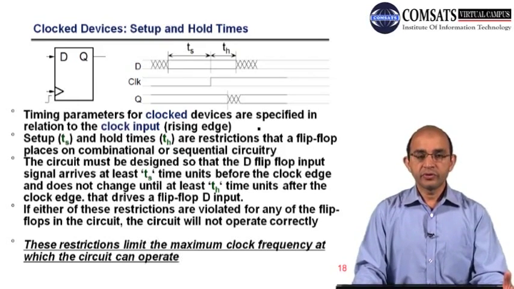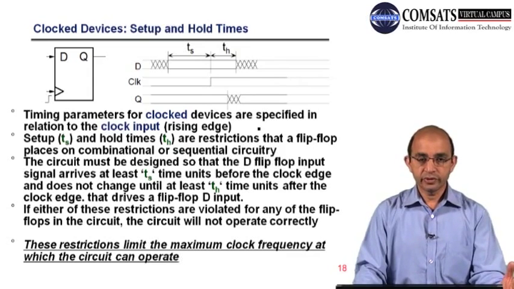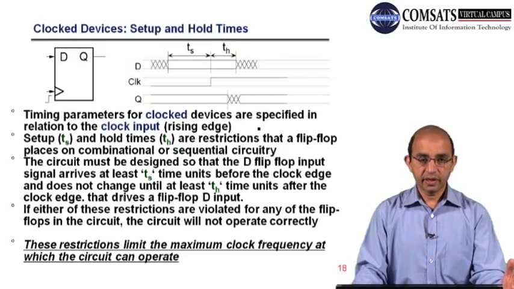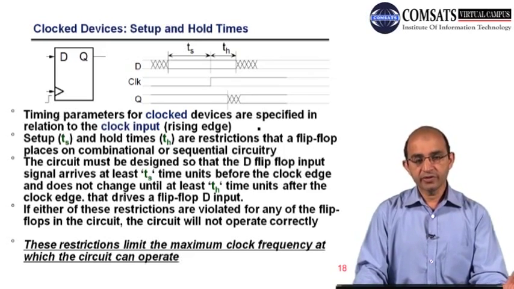Whenever you talk about clocked sequential devices, the timing parameters for those devices that constitute the sequential logic are specified while taking into account the active clock input, which can be a rising edge or a falling edge. So here we normally associate the timing parameters with the clock edge.